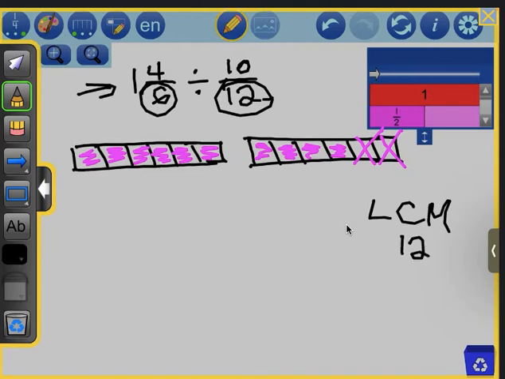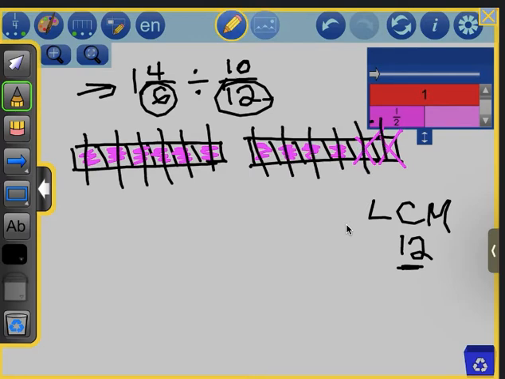And you can also change your group to 12ths, right? Once you find the LCM, you can change your groups. And I know that 6 times 2 is 12, so I am actually going to divide each box into 2. So I'll have 12. And this would have been 12, but we're not using these two, right?